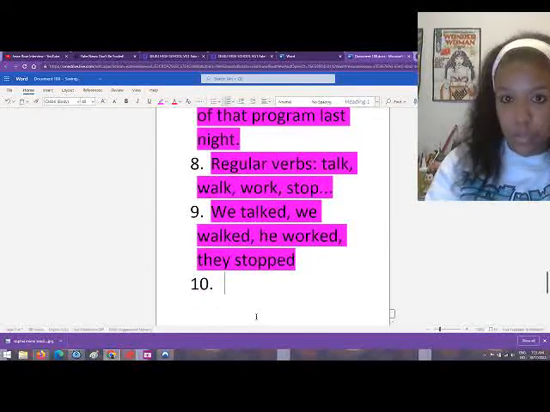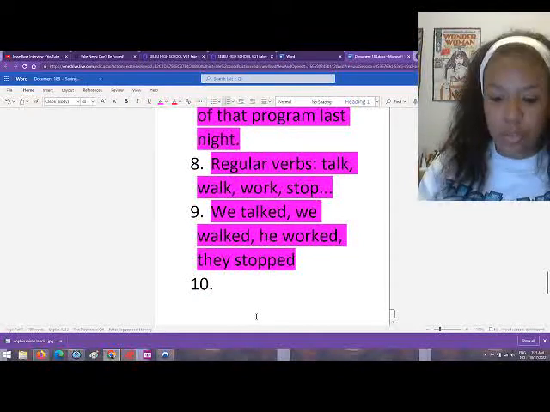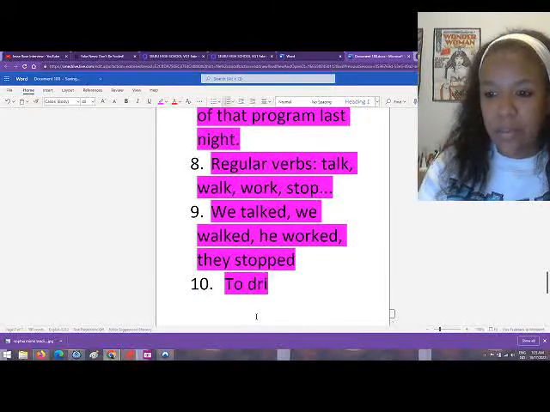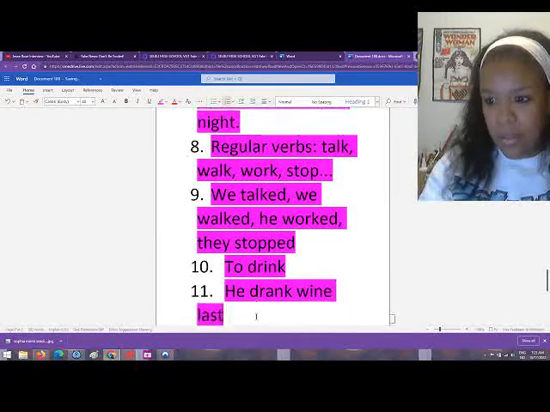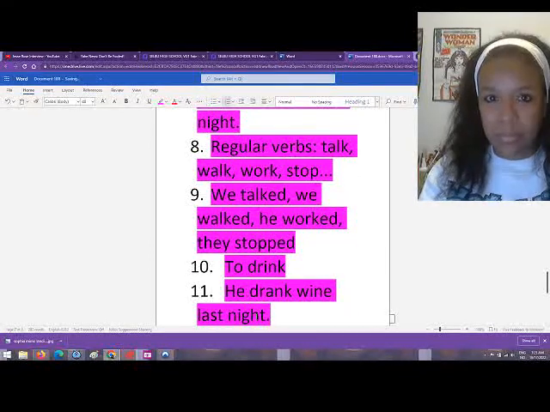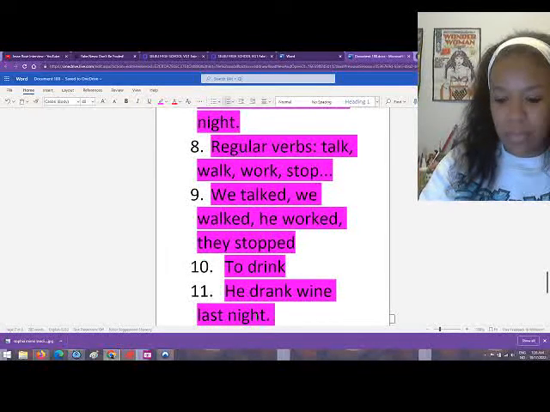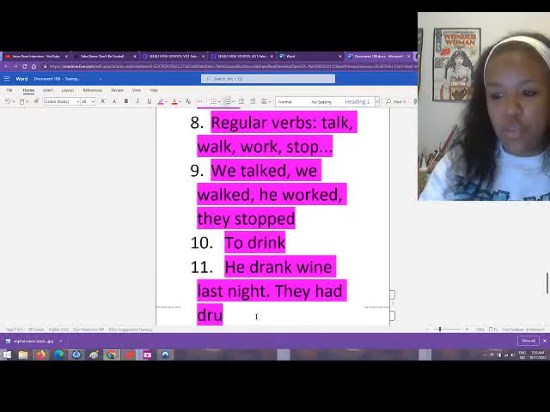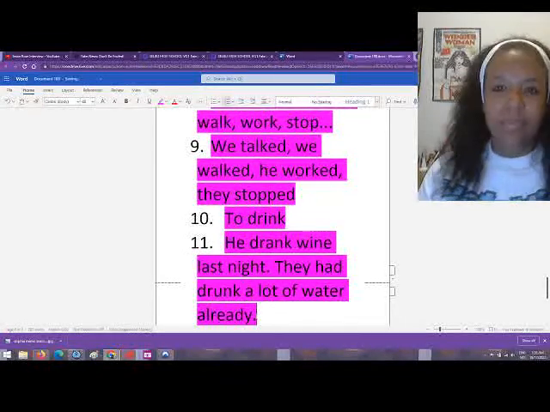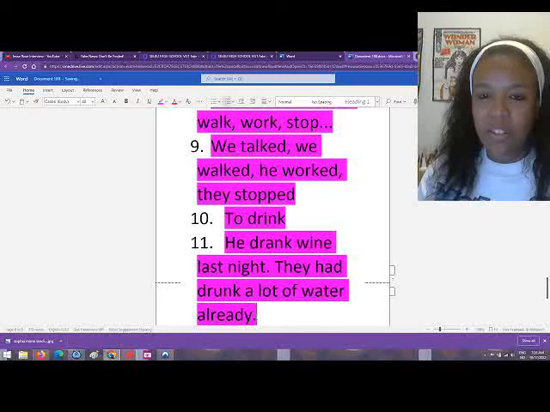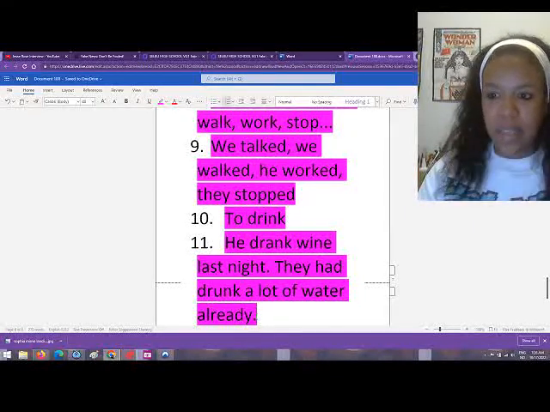Those are regular verbs. Irregular verbs, for example, to drink. He drank wine last night. They had drunk a lot of water already. So drink, drank, drunk, the three forms of that verb.